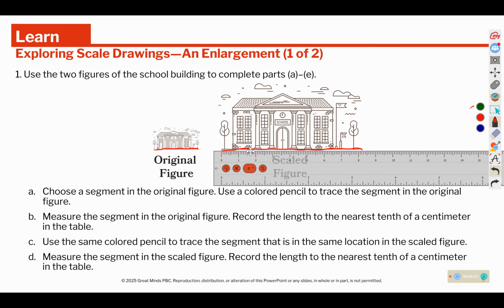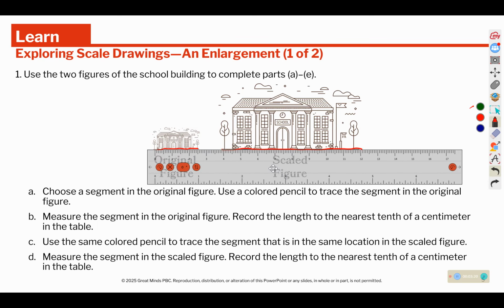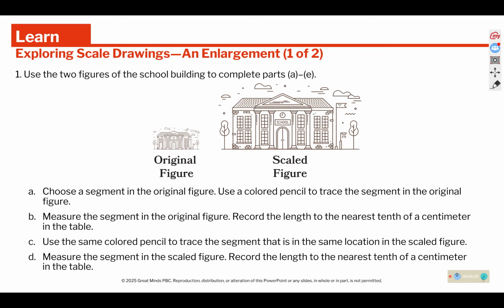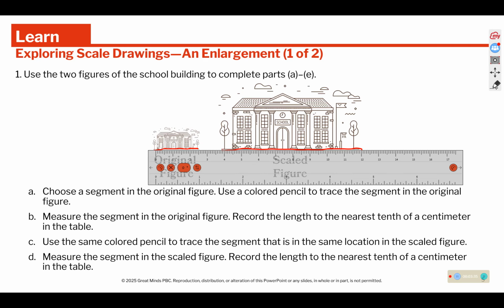Here you can see that segment is approximately 8 centimeters in the scaled version, and about 2.6 in the original. E says to complete the table by repeating those for another set of segments. So we'll take a new color and we're going to select another segment to measure.